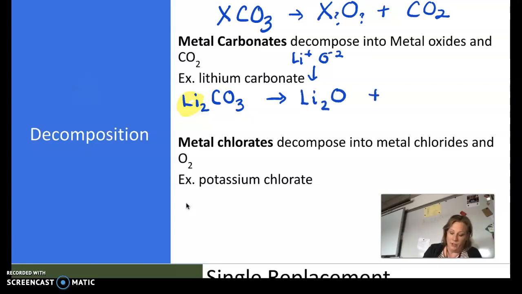And then I'm also going to get carbon dioxide. So metal carbonates are always going to give you that metal oxide, and then they always give CO2. So the metal will go with the oxygen, and you always have to crisscross or think about balancing charge.